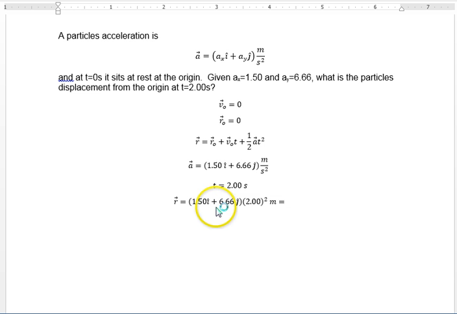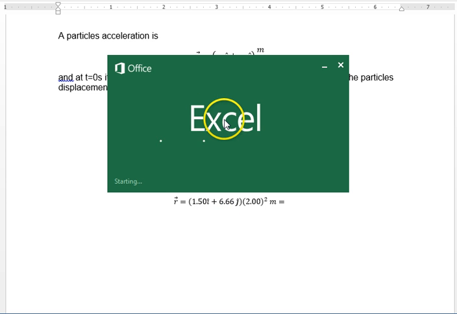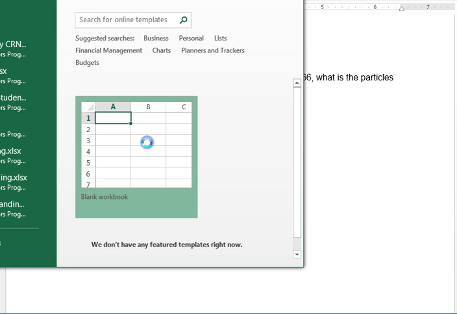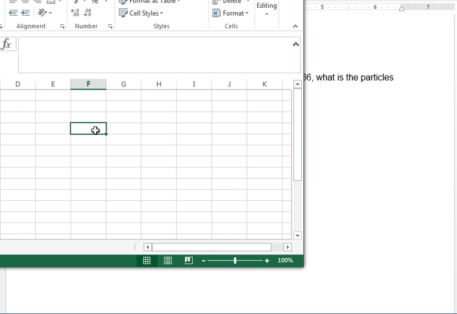Let me just pull up Excel real quick. That's going to be 6, and 4 times 6.66 is 26.6.